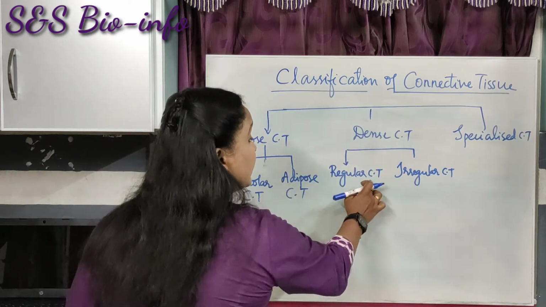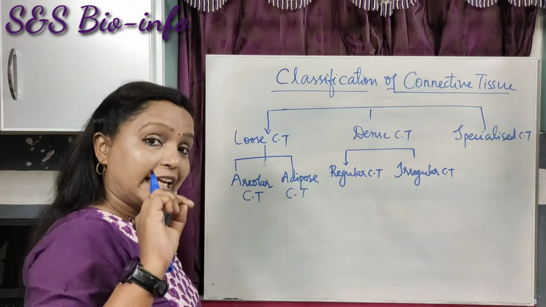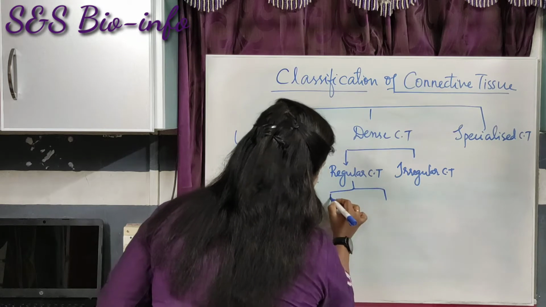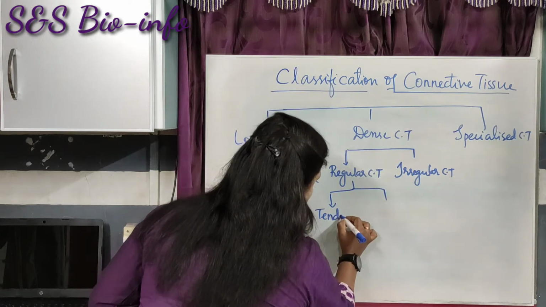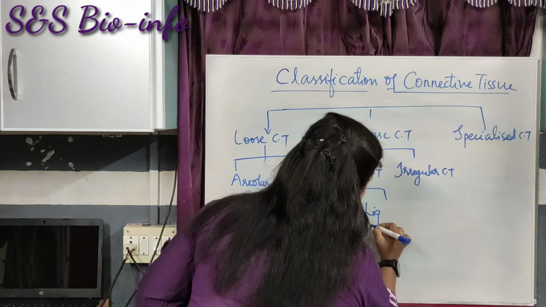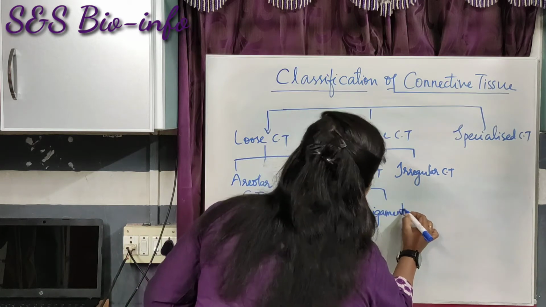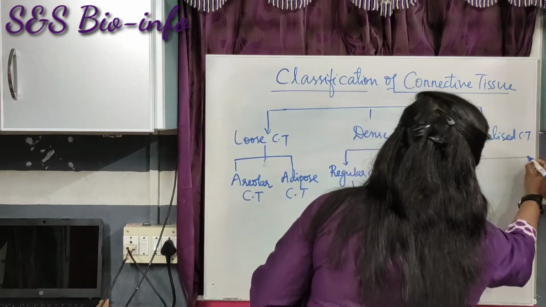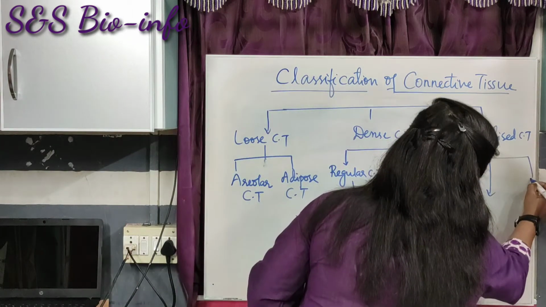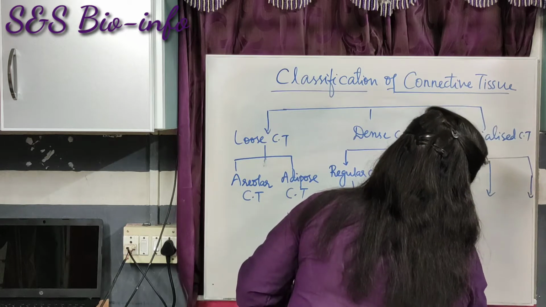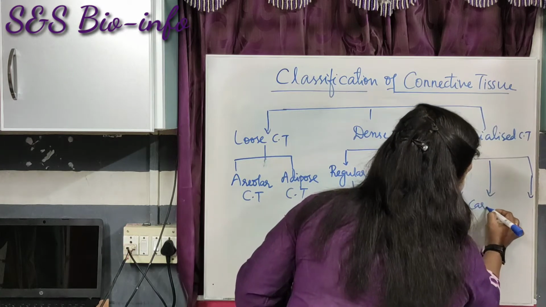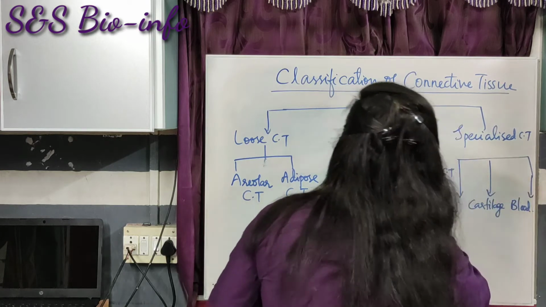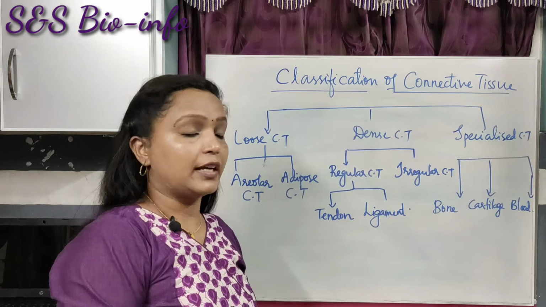The regular connective tissue is of two types. Those are tendon and ligament. The specialized connective tissues are three types. Those are bone, cartilage and blood. This is the classification of connective tissue.